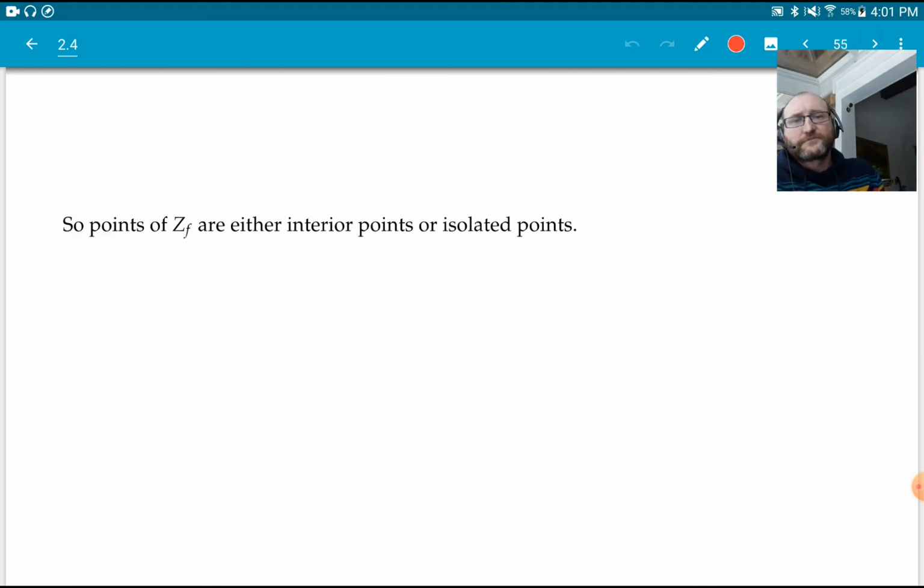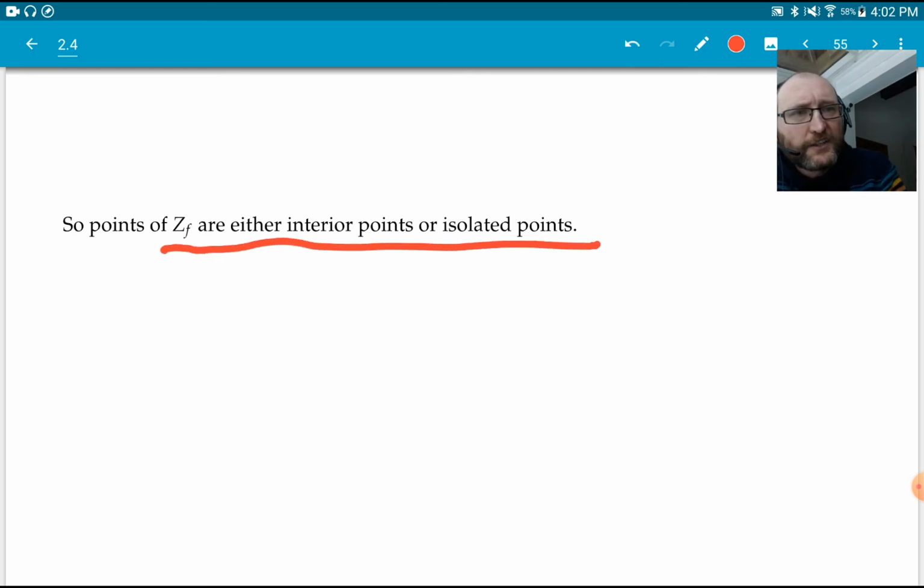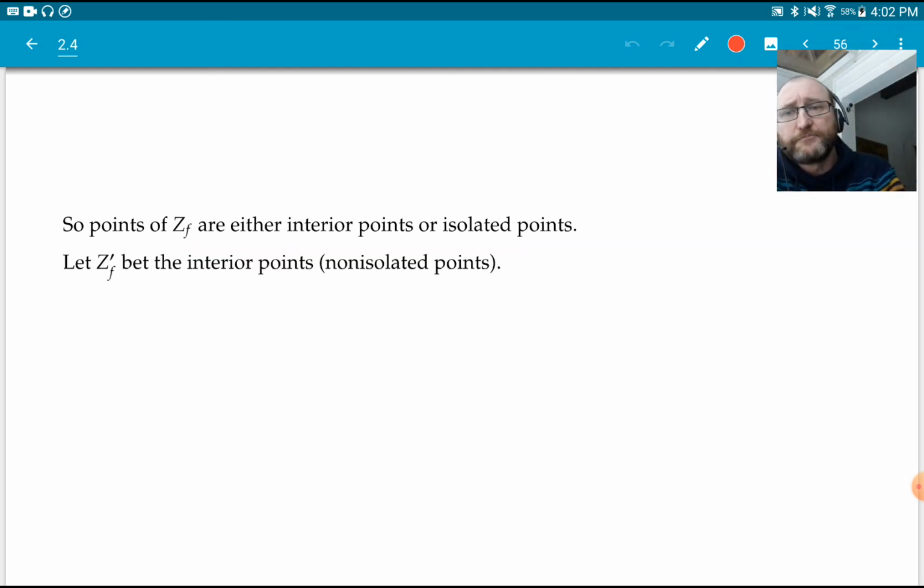All right. So we're basically done. Points of Z_f are either interior points or isolated points, right? Either you're in the interior or you're isolated. Now, let me give it a name. Let me say Z prime sub f are the interior points, not the isolated points.